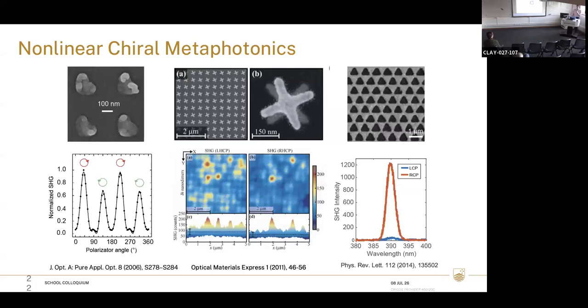There was some early work in the beginning of this century for studying nonlinear chiral response. But in the first works, they were in plasmonics, and mostly the response originated not from resonance, but from imperfections. For example, in this one, I will show that symmetrically it's not possible to have a chiral response here, but they did observe it.